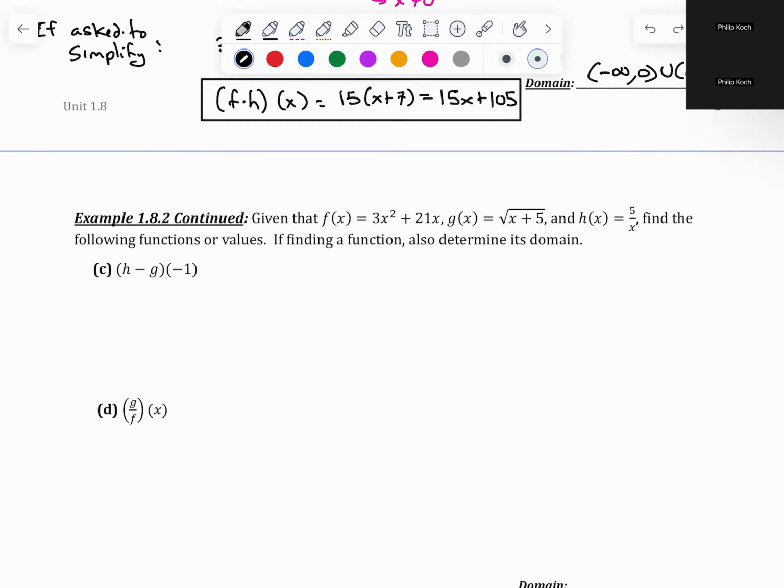So what I'm going to say is we don't need to find the full function h minus g of x because we're just evaluating it.